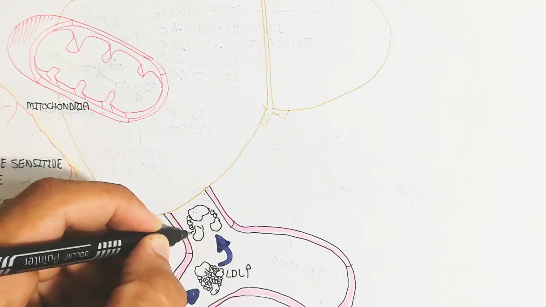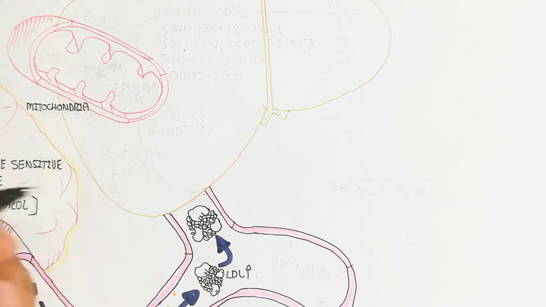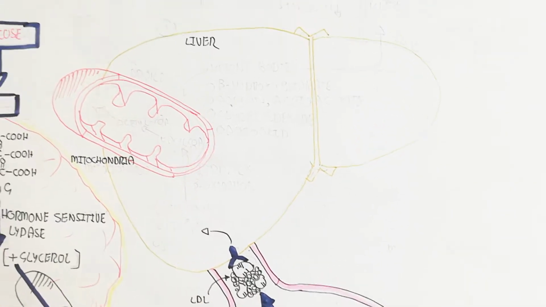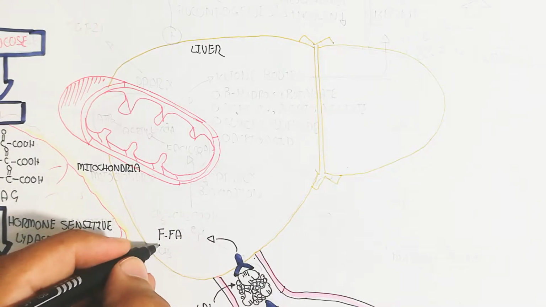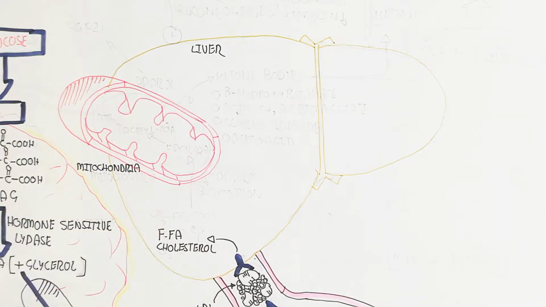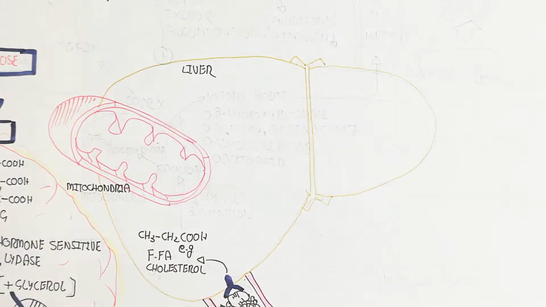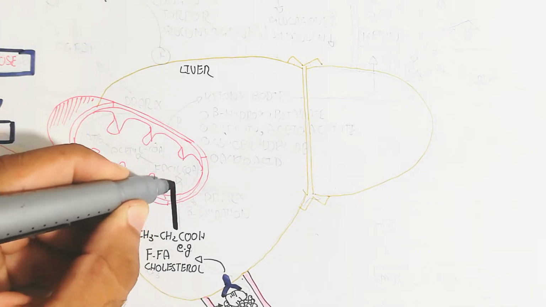Here you can see this is the cholesterol-containing low density lipoprotein and free fatty acid entering the liver, and PPAR alpha will trigger beta oxidation, remember. So beta oxidation increases due to PPAR alpha.